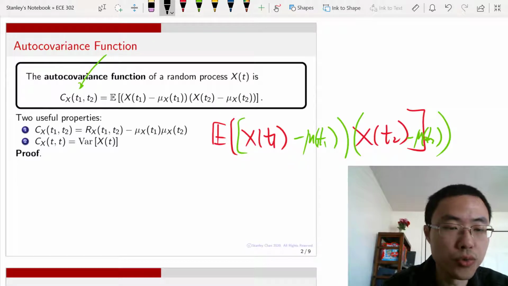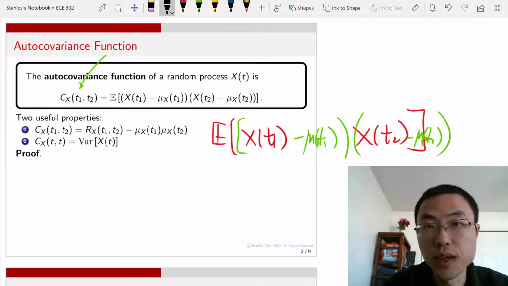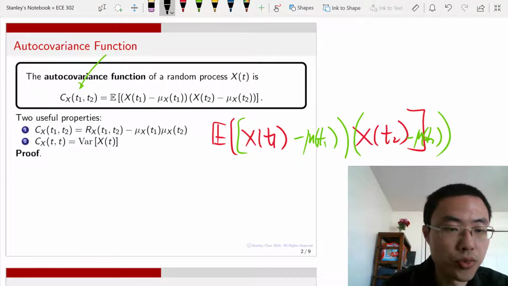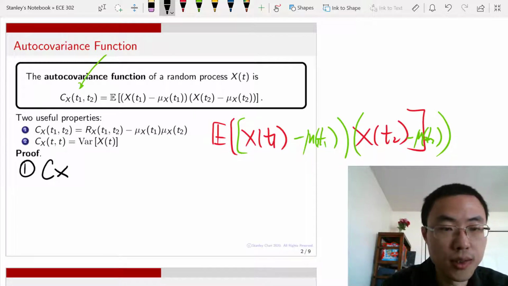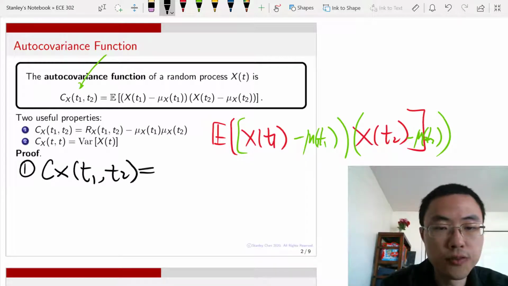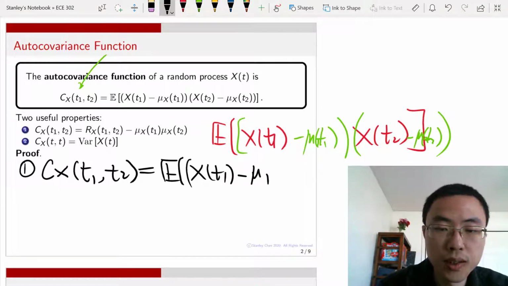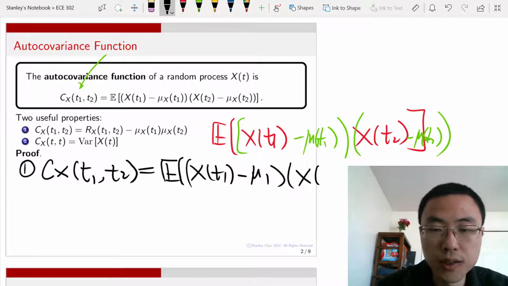So how do we prove the two results? Well, the two results are actually quite easy to prove. Let's look at the first one. I want to look at the autocovariance function at t1 and t2. It is defined as the expectation of x at t1 minus mu1, and then x at t2 minus mu2.